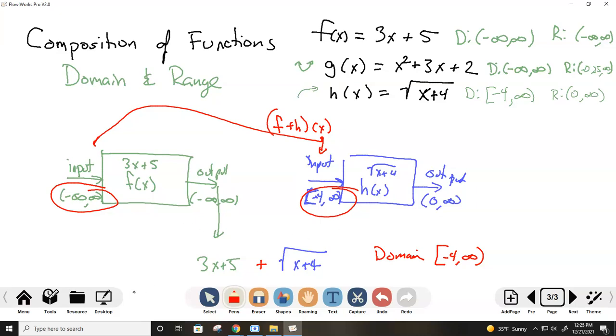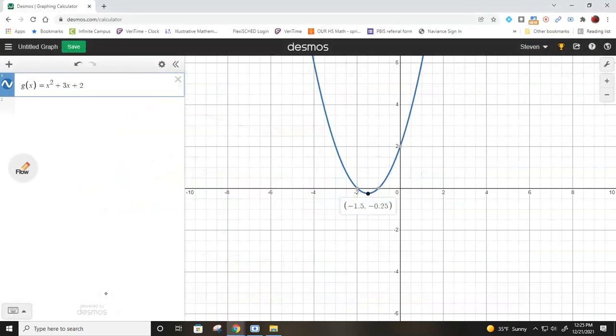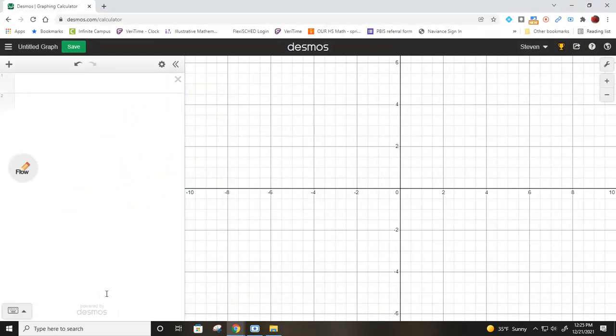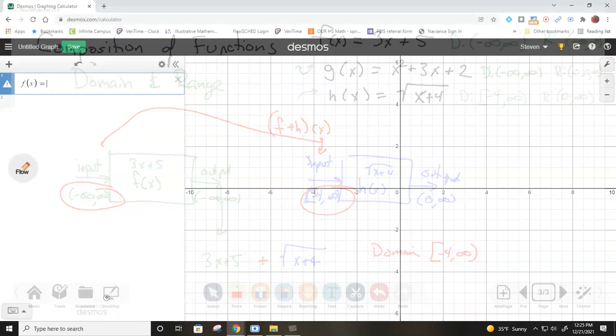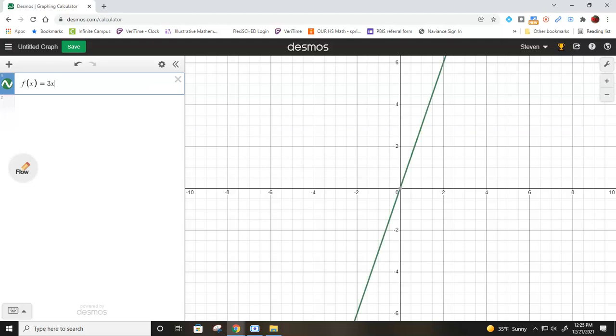You can see that maybe a little easier if we look at the graph. We said f of x was 3x plus 5.